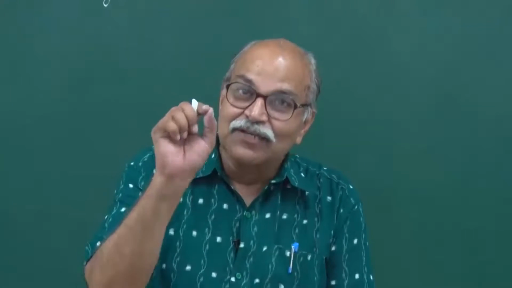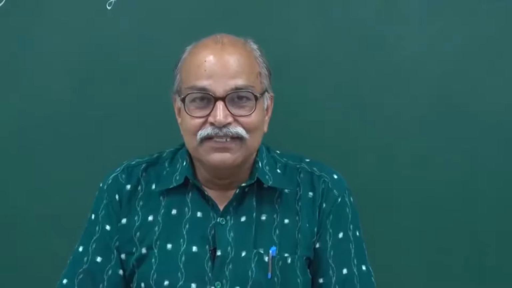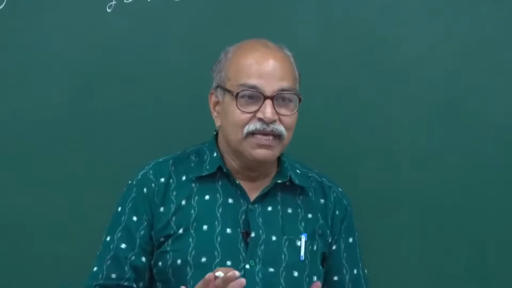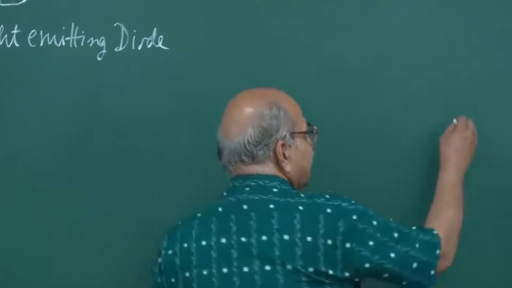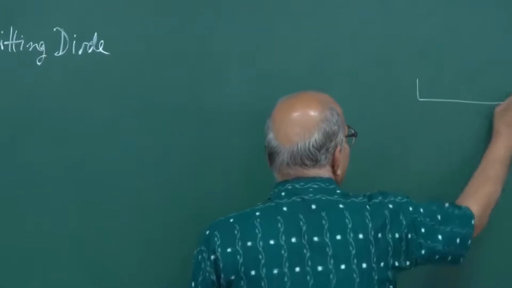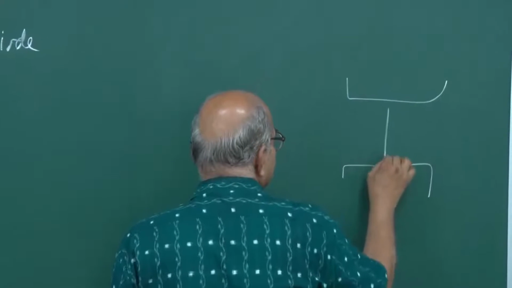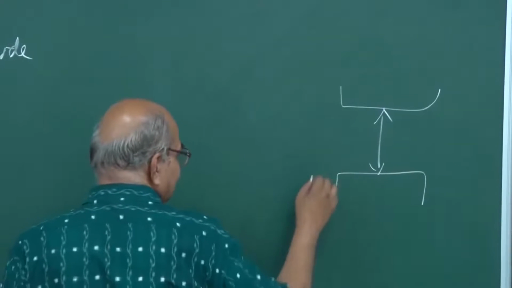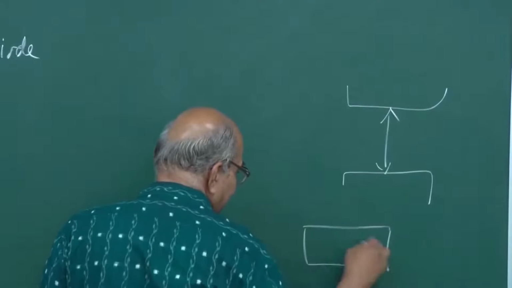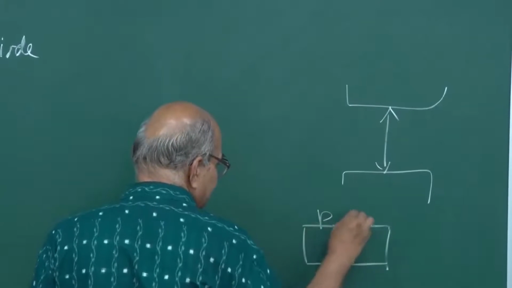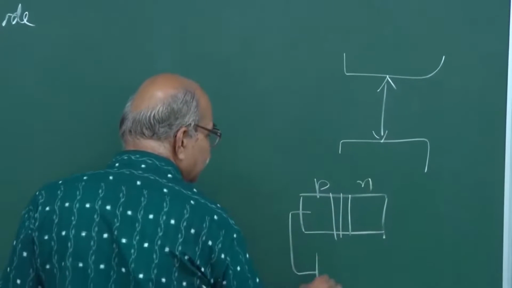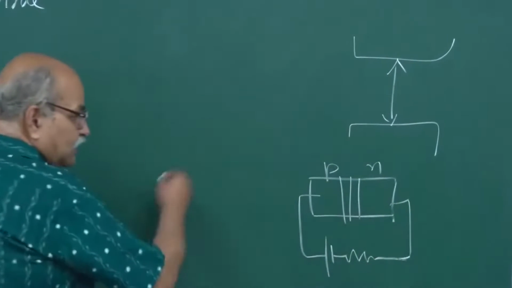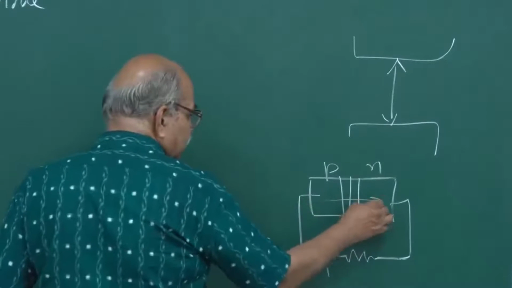The basic unit of an LED is just a PN junction, right, but that PN junction is such that the band gap is in the visible region, so that if a current goes through it, if you have this PN junction, this is the P side, this is the N side as usual, and you connect it in a forward bias condition like this, so that you have a current in this.